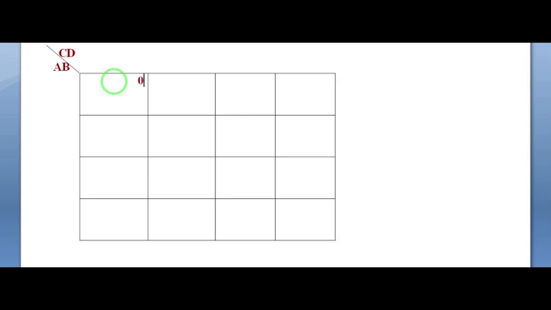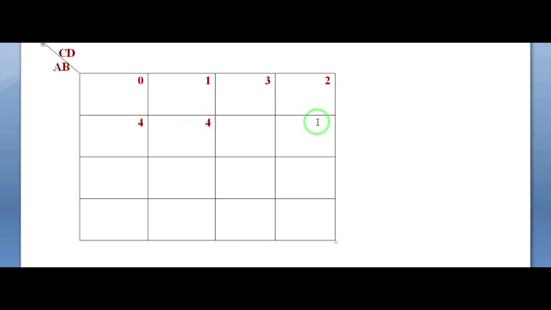So put 0 here. Then next one, 1. So that is row number 1, column 2. Then row number 1, column 3. So here directly go to row number 1, column number 4. So 0, 1. Now put here 2. Then here 3. Then go for row number 2, column number 1. So after 3 we have 4.